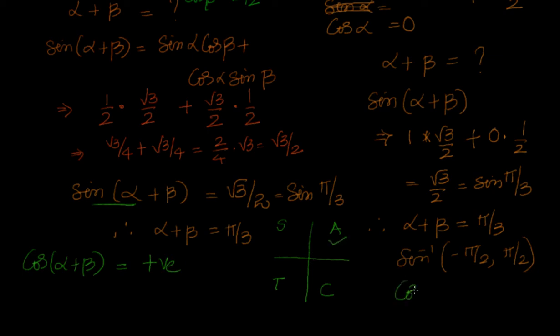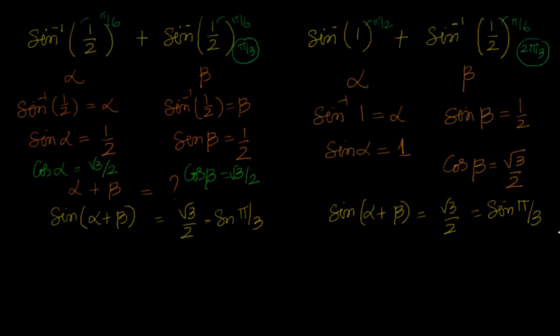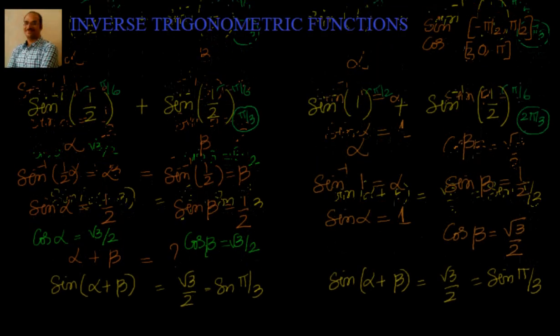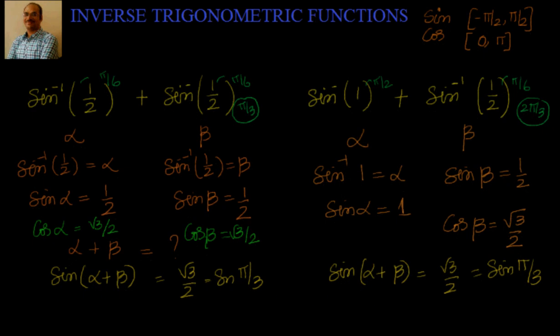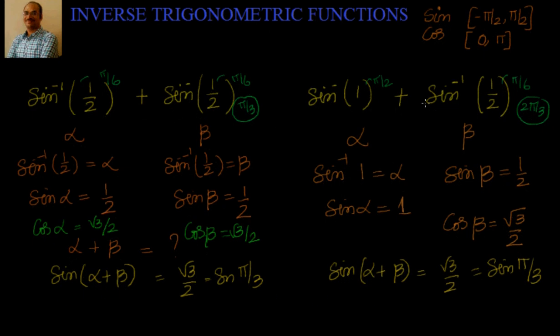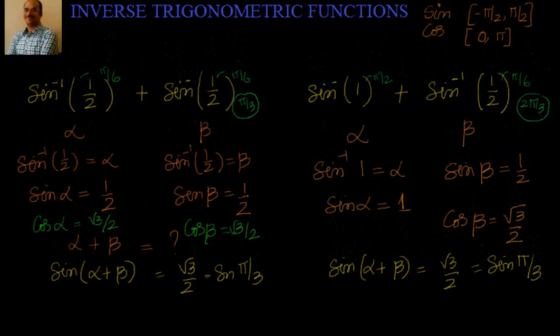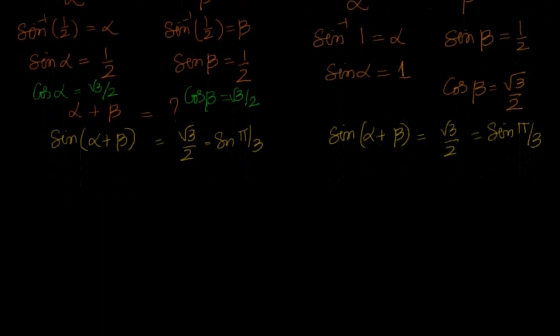If cos of alpha plus beta in the second case is negative, then I can say that sine is positive but cos is negative. So in the second case, it is in the second quadrant, not in the first quadrant. So let's look at the values of cos of alpha plus beta in both the examples, so that we can find out the correct value of these two expressions.